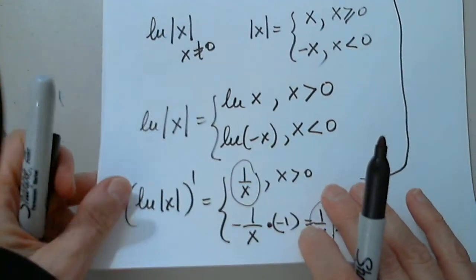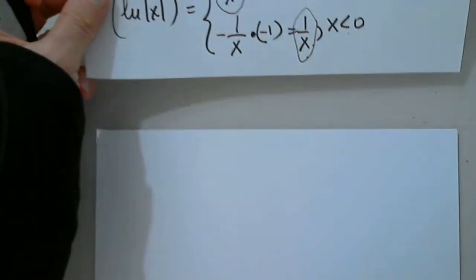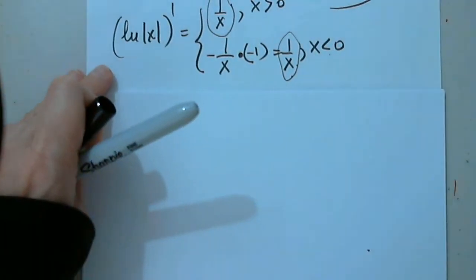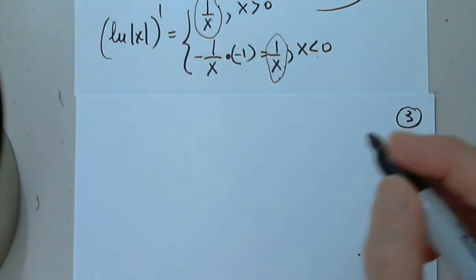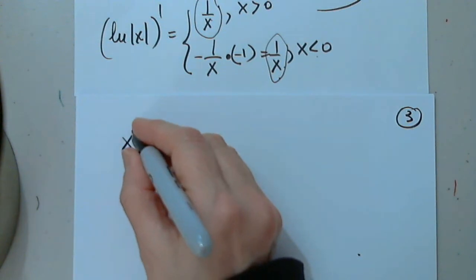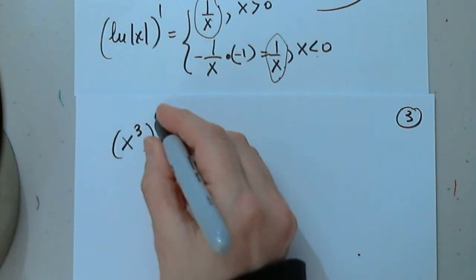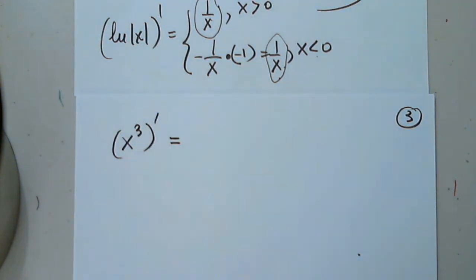Good. Now let's think in terms of the power rule. Let's take it slowly with an example. Let's suppose I want to differentiate x cubed. What do I get? This is not the antiderivative. I'm just asking what is the derivative of x cubed? 3x squared.